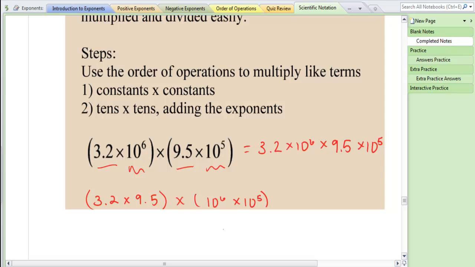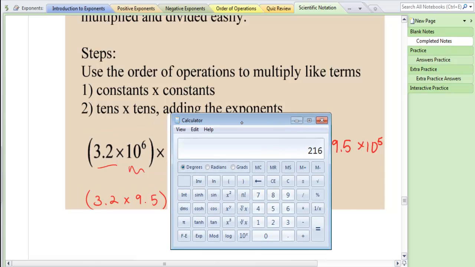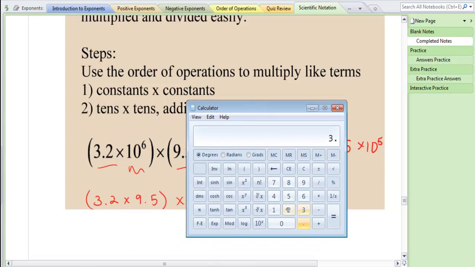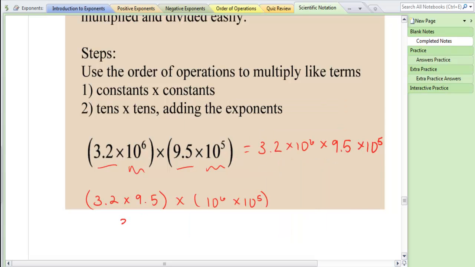So I'm going to multiply 3.2 times 9.5 on my calculator. So 3.2 times 9.5, and that gives me 30.4.